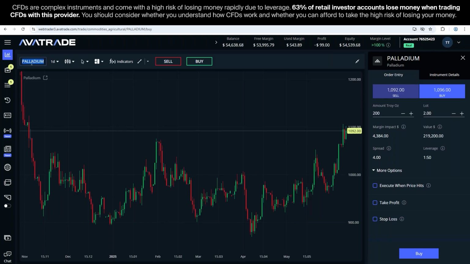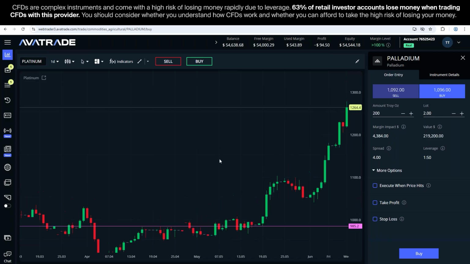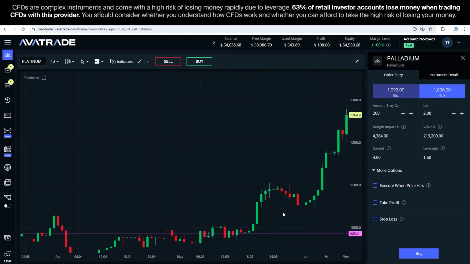We also can look at platinum, which is even more dramatic. Platinum's really been the biggest mover of the precious metals in the past days. If we look at platinum, we're looking at about the last 10 days, from near 1,000 price or 1,050 to where it is now, well over 1,250.